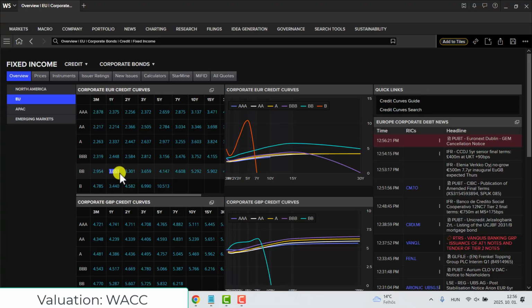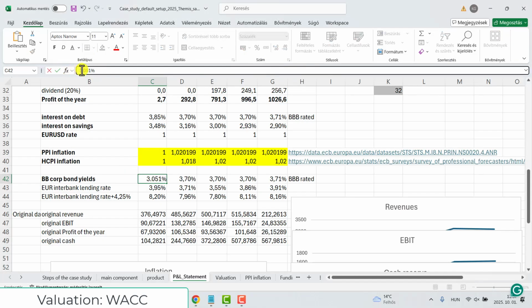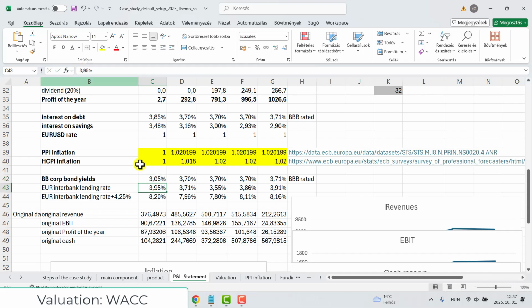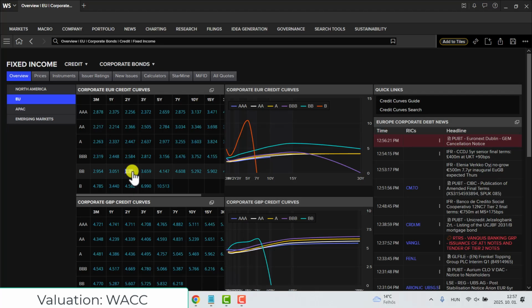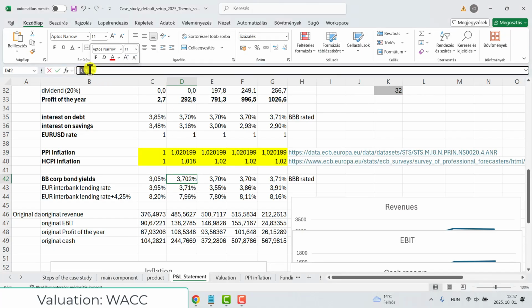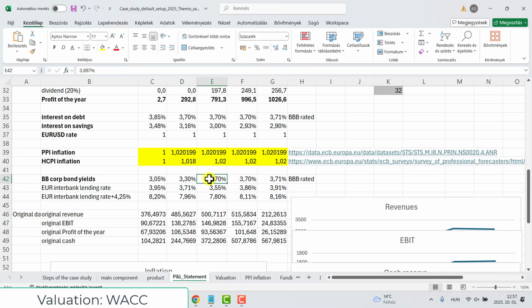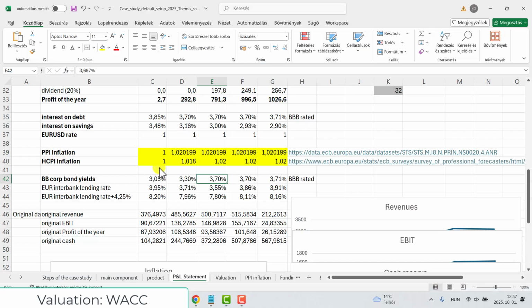So for 1 year it will be 3 point something. Two years ahead it will be 3.3. I was so happy when we had higher interest rates, because I was able to keep this class to highlight that funding a company through debt is expensive.